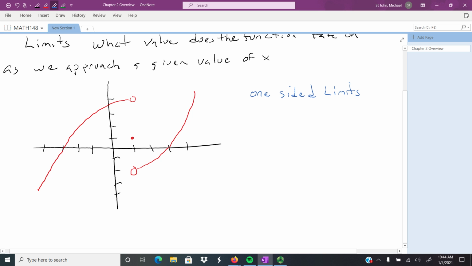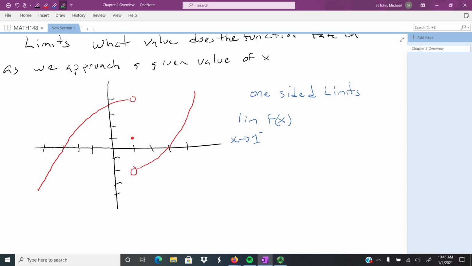So for example, I want to know what is the limit of f of x as x approaches 1, but from numbers that are less than 1, right? So we're going to be getting closer and closer to 1 on the x-axis, but we're coming in basically from the left side.